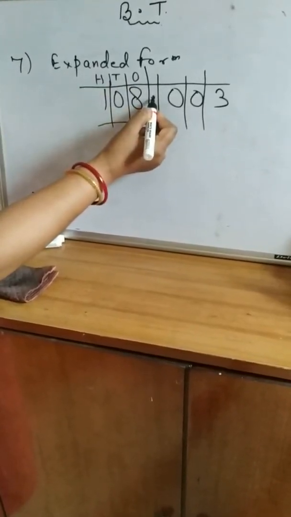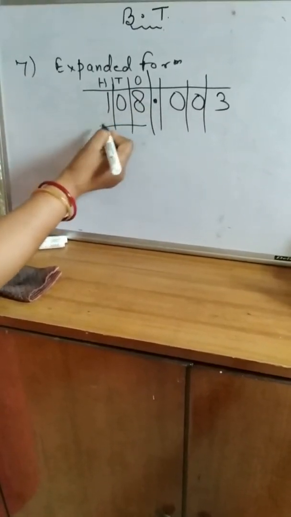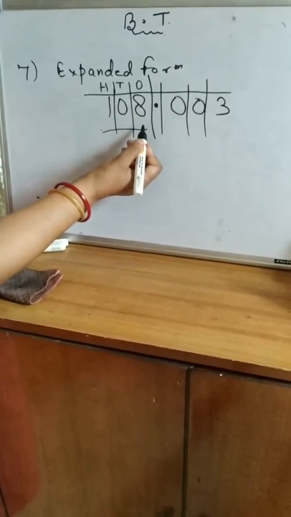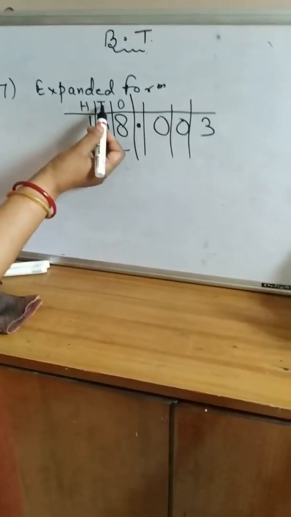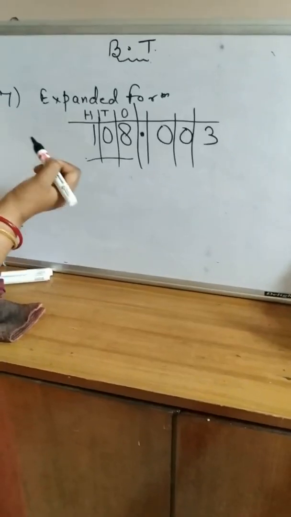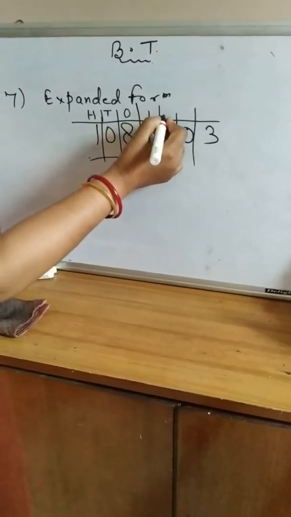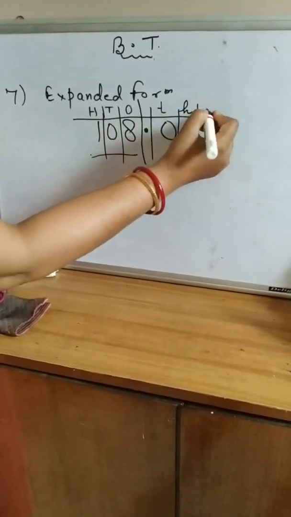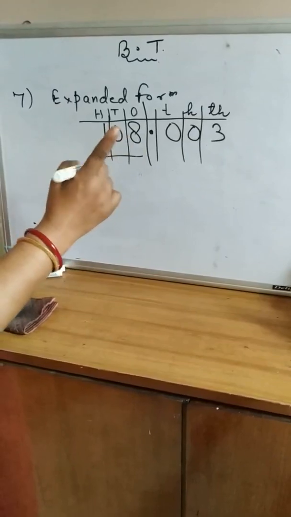This is the left of the decimal, a whole number. So 8 is in the ones place, 0 is in the tens place, 1 is in the hundreds place. To the right of the decimal, it is tenth, then hundredth, then thousandth. Now you have to write it in the expanded form.